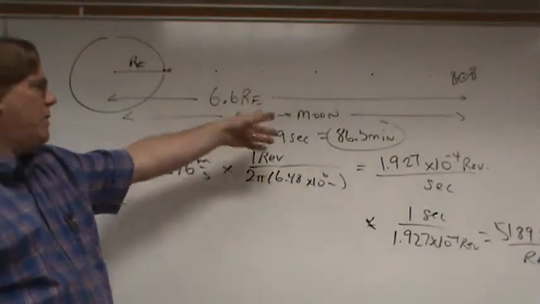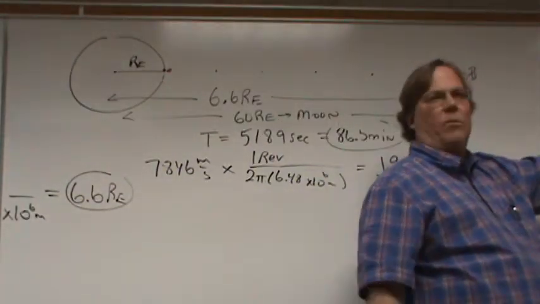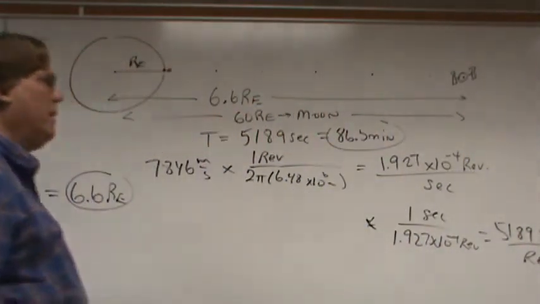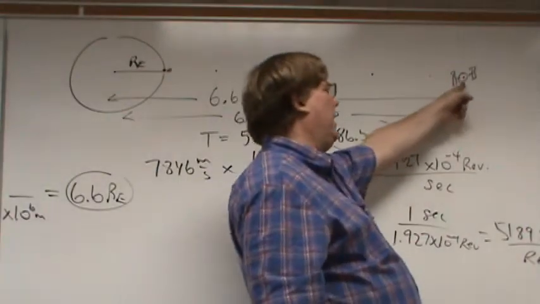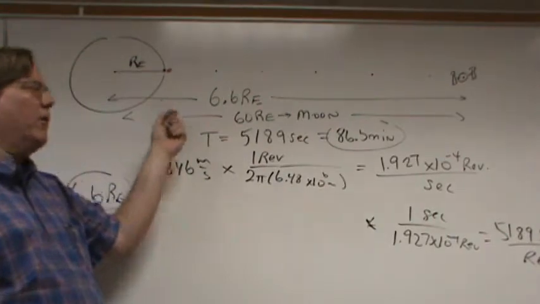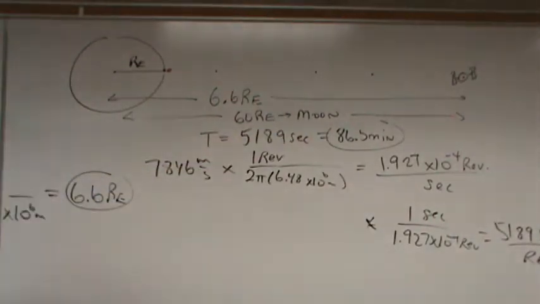If this is where the DirecTV satellite is, the moon is either into the hall or maybe into Mr. Cabrera's classroom. So the moon's still pretty far away. In no way is the gravity of the moon significant compared to the gravity of the Earth. The moon is a lot smaller than the Earth, and it's really, really far away. So we don't have to really take the moon into account as far as I know.